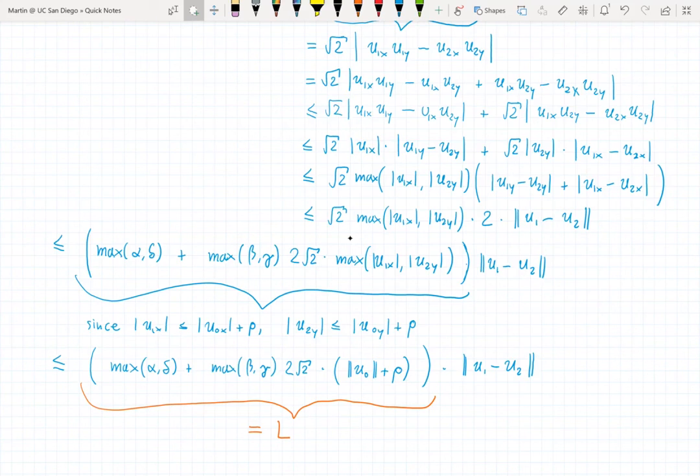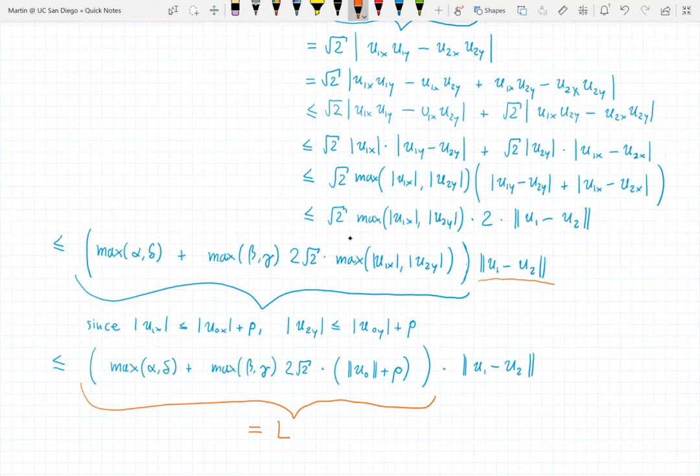Now, summarizing this all, I get that for everything altogether, I've got the upper bound, namely the Euclidean norm of u1 minus u2 with the following coefficient in front of it: the maximum of alpha and delta plus the maximum of beta and gamma times 2 square root 2 times the maximum of u1x and u2y.